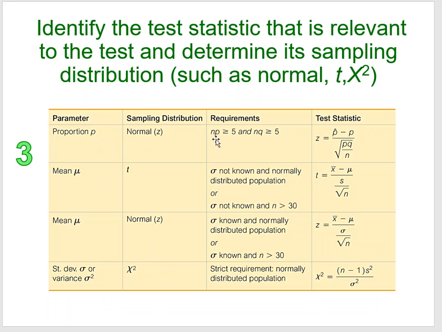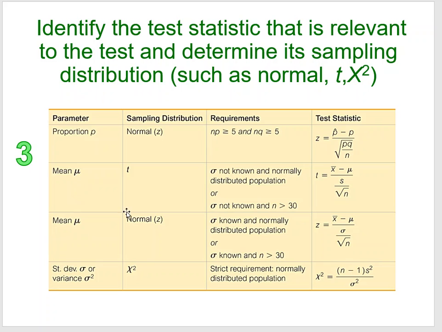And as long as n times the probability of any one event occurring is greater than 5, then I can use this formula. Z is equal to p hat, which is the proportion of the sample, minus what my claim is, over the square root of the claim times its complement divided by n, the size of the sample.